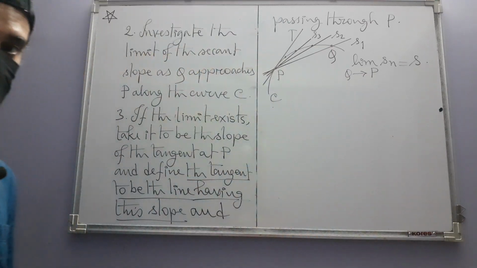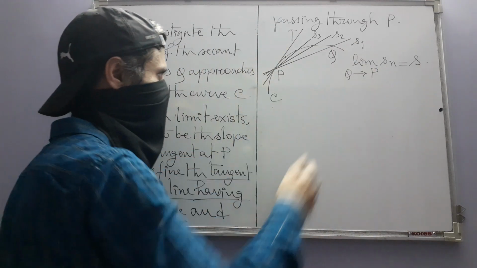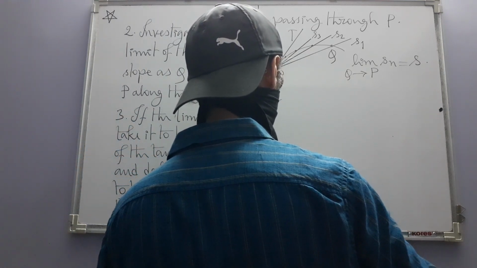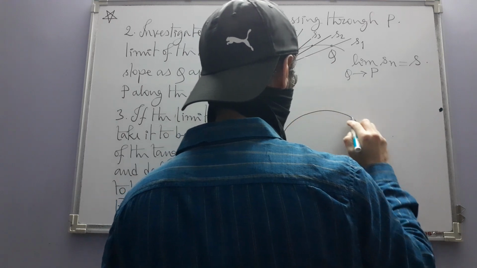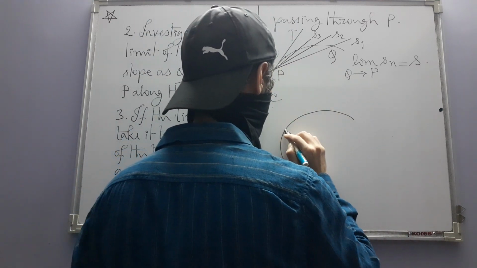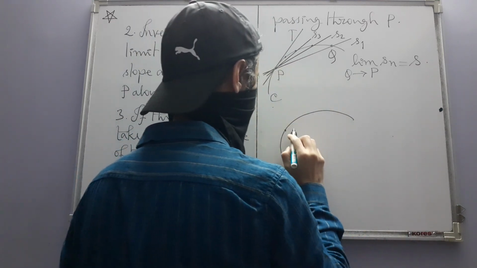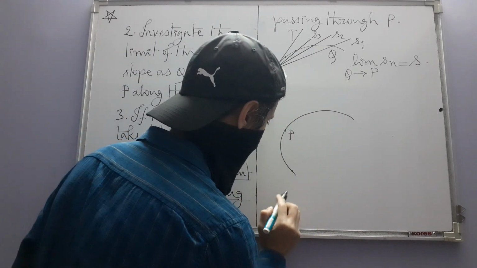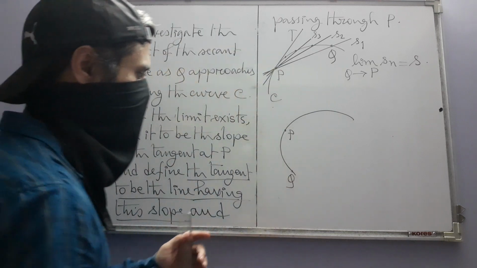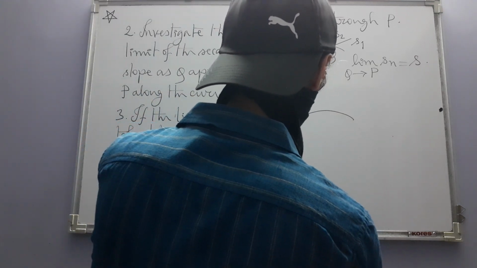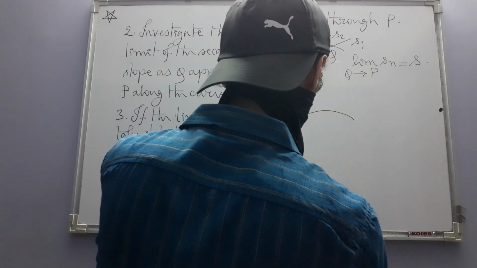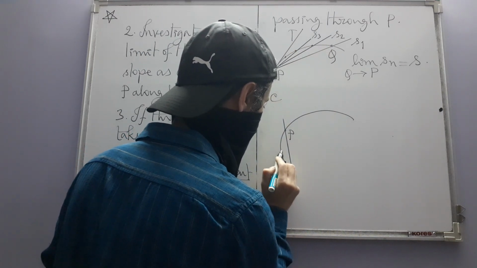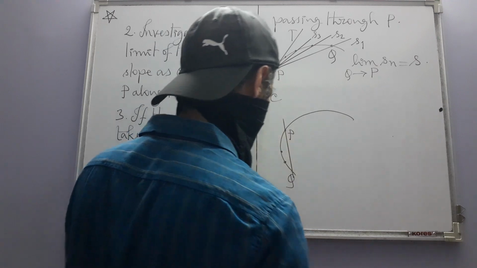For that though, I cannot of course change the curve or P, but let me just, for the sake of clarity, extend the curve a little bit on that side also. Now your Q is here. So your secant will look like this. And then you make again Q closer and closer to P.